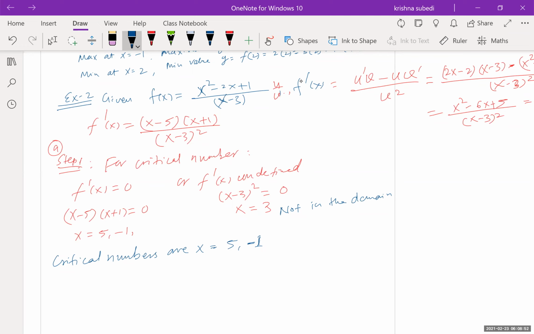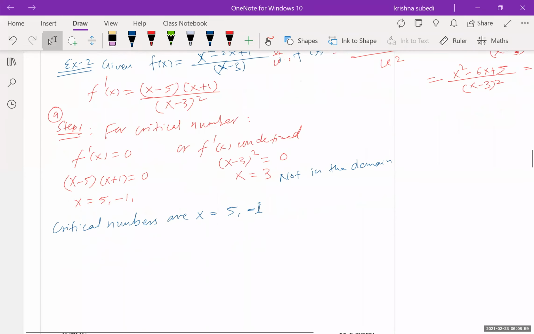However, the goal here is to find where the function is increasing and decreasing. So for that reason, what we do in step 2 and 3, when we draw the number line, we include -1, 3, and 5. We include that 3 as well. Sometimes, even though it is not a critical number, even though it cannot be minimum or maximum at x equals 3, sometimes the graph may change its direction.